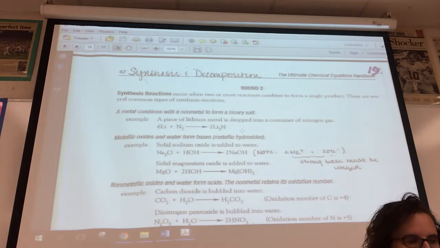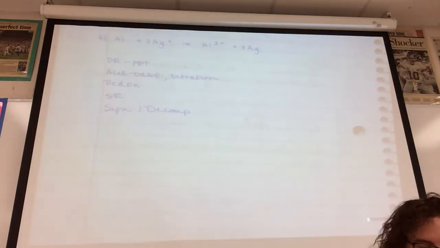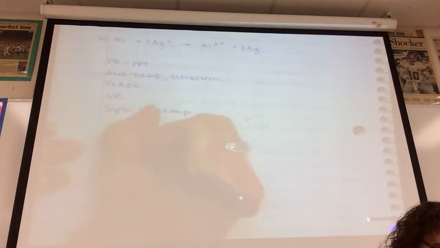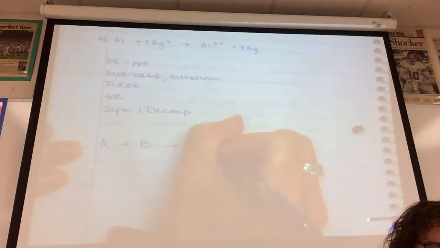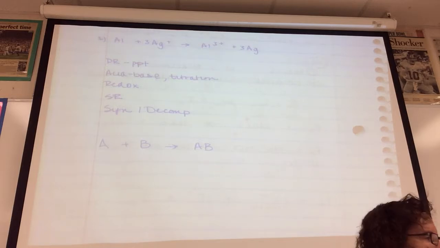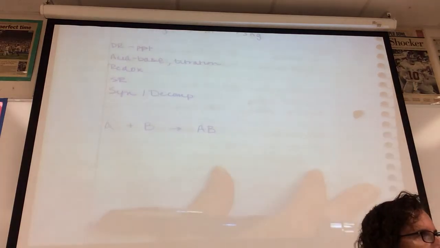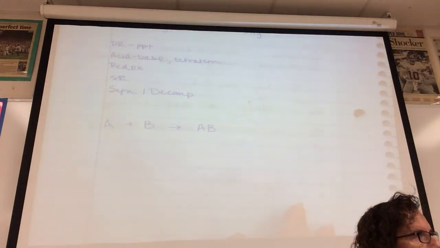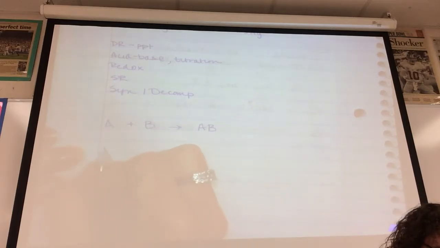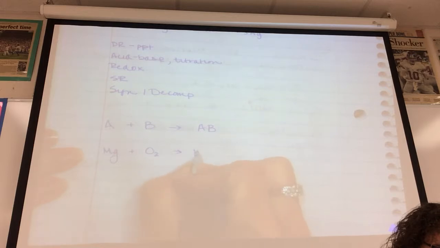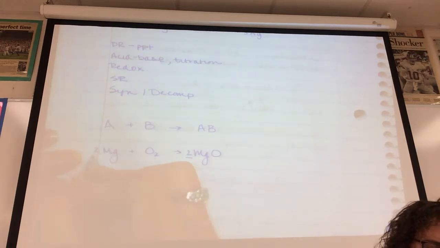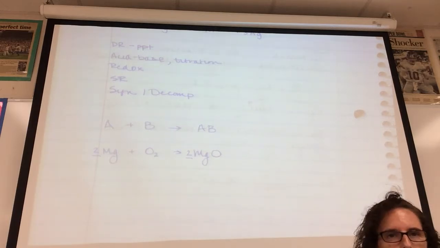All right, with synthesis, we know this is like getting married. Girl meets boy, and they become a couple. And for the most part last year, we kept this very, very simplistic, where you might have magnesium reacting with oxygen gas to generate magnesium oxide, and you just had to remember to formula write your products.